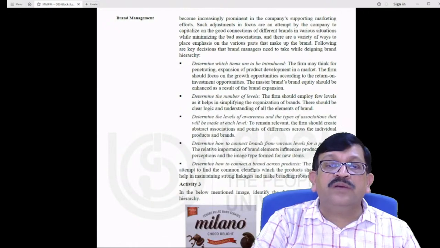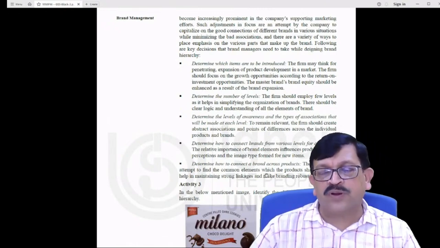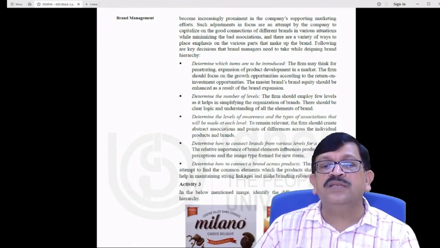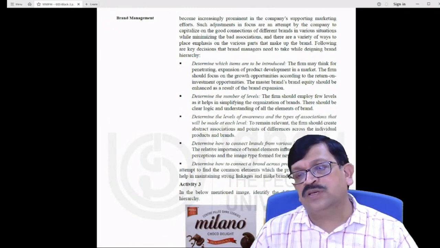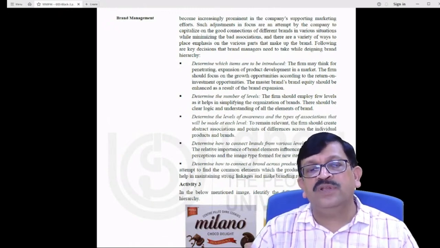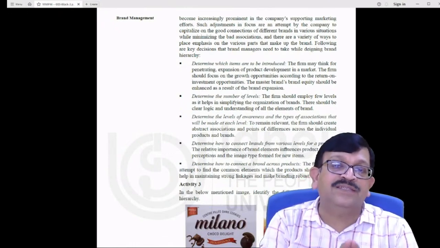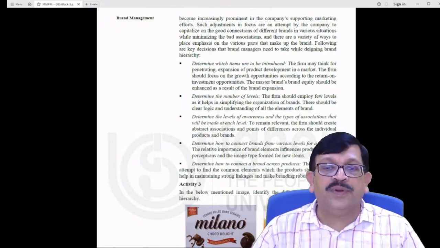Then come the brand names which are common across different products. When you are looking into brand hierarchy, when you are looking into different product categories that the brand can be extended to, you look into the linkages that you need to establish, or which the products can share, so that you can leverage the connectedness that the products have on the particular brand.